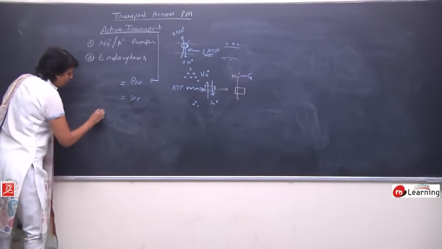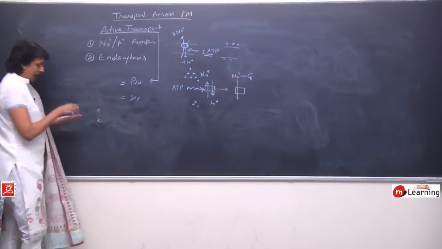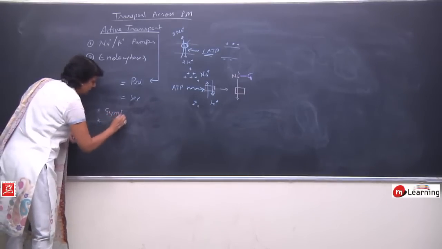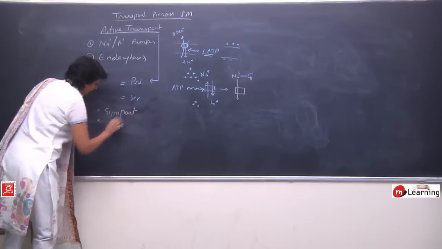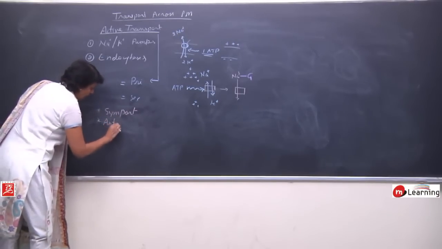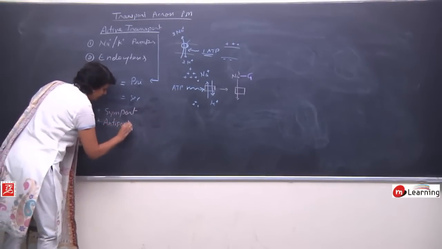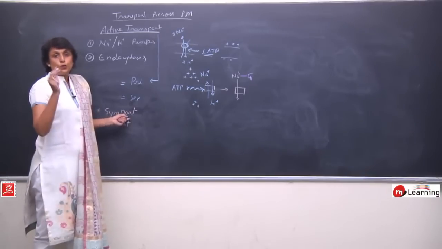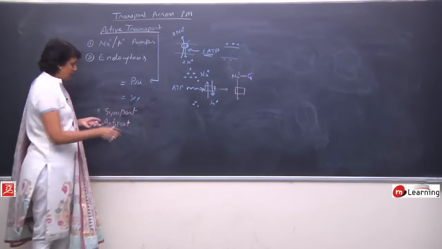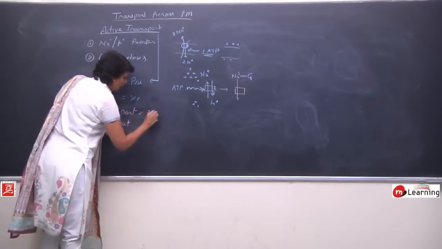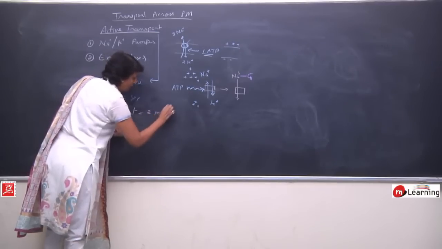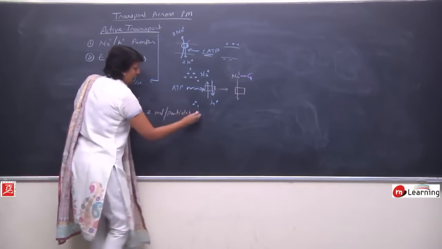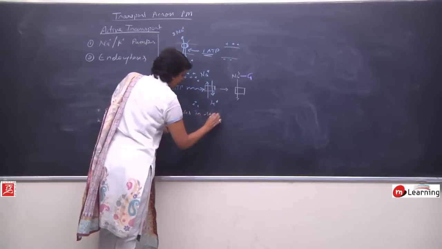Two more important terms which we need to talk about in active transport. One is symport and the other is antiport. Symport is movement of two molecules or particles in the same direction.